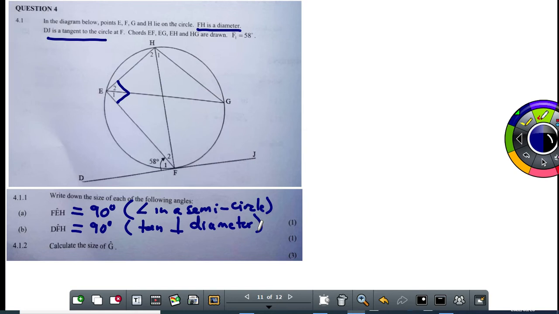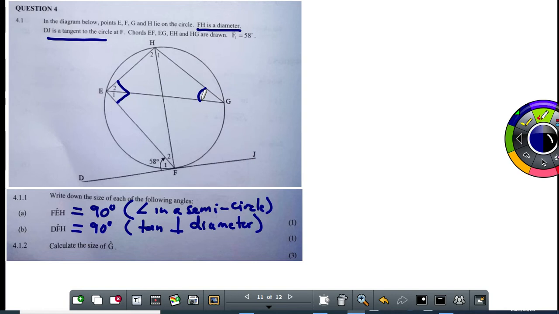This is G. Okay? Already you must see a butterfly there. There is a chord which subtends G and F2. They are subtended by the same chord, and that chord is going to be HE. So they are angles in the same segment.